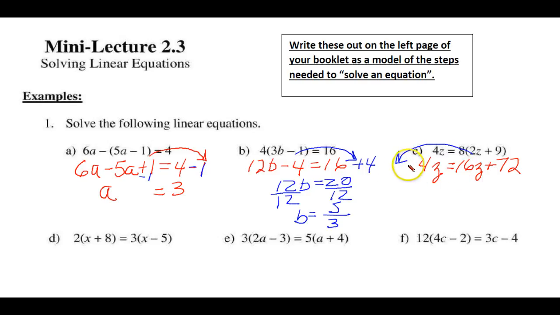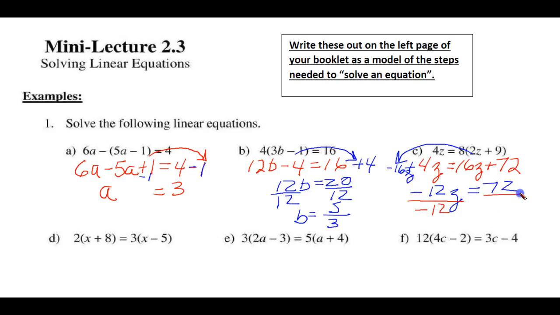On this side it becomes a negative 16c. So this leaves me with a negative 12c equals 72. And now we have to divide by the numerical coefficient of c, which is a negative 12.